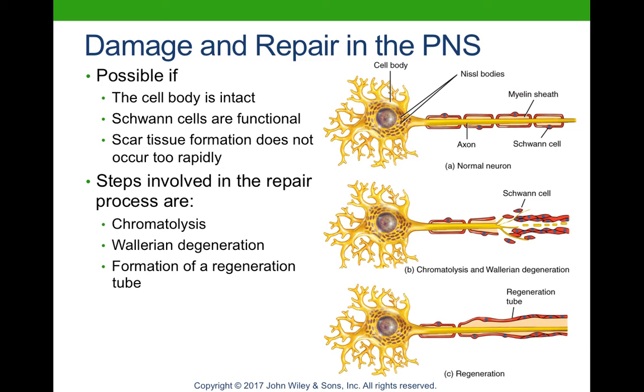When there is damage to an axon, usually there will be changes called chromatolysis, which occur in the cell body of the affected cell. This causes swelling of the cell body and peaks between 10 to 20 days after injury. By the 3rd to 5th day, degeneration of the distal portion of the neuronal processes and the myelin sheath, Wallerian degeneration, will occur.